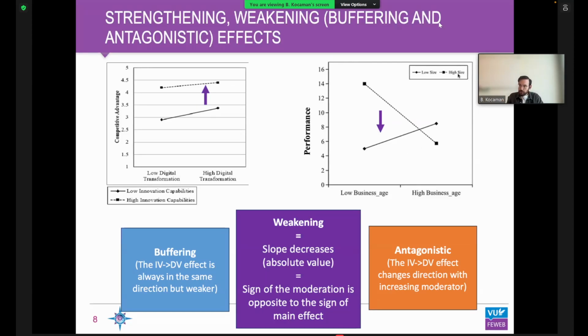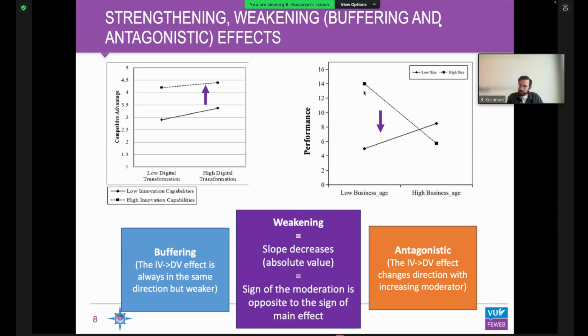In this case, when you have, actually, wait, I've been explaining wrong, right? Because this is the low size, this is the high size. So previously it was correct. I'm sorry, I will just change this to a straight line and this to a dashed line, and then my explanation will be correct.